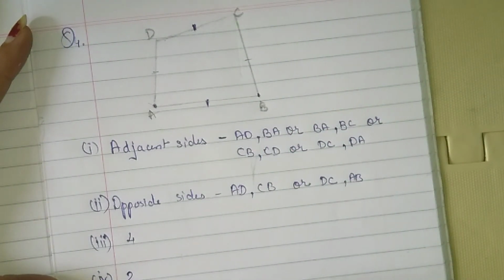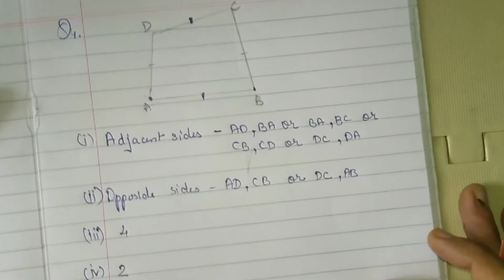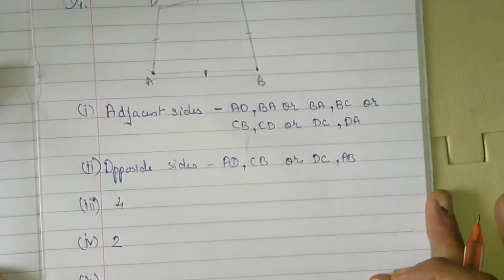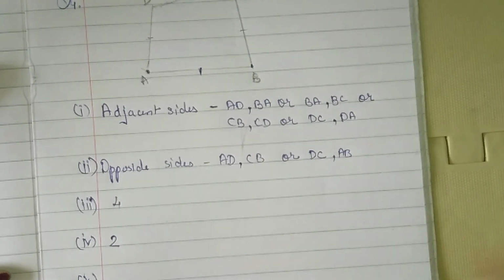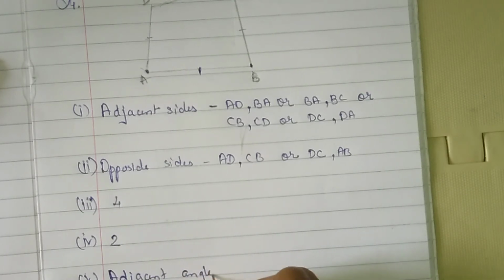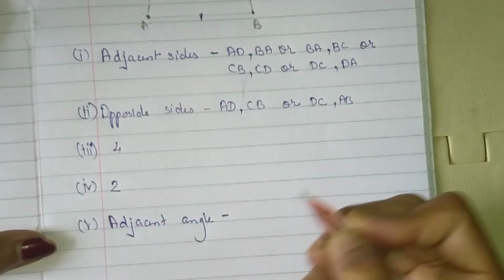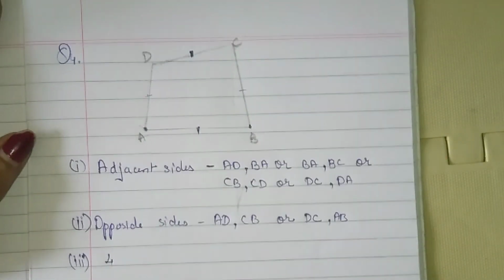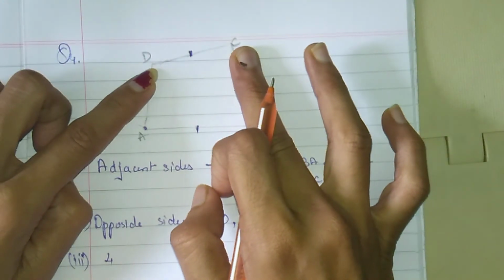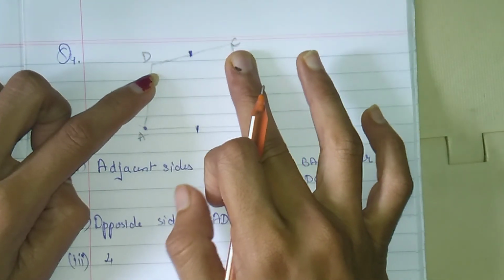Now fifth question: name a pair of adjacent angles. So which pairs are there? First of all, we take one line segment, and the angles on its two endpoints are adjacent angles.